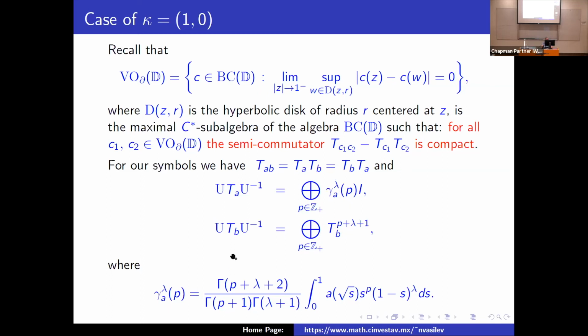And the Toeplitz operator with symbol B is a Toeplitz operator with the same symbol B, but in a differently weighted Bergman space. And this is the formula for this scalar value gamma. Very simple formula.